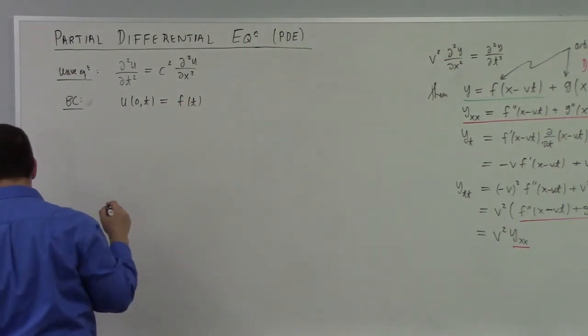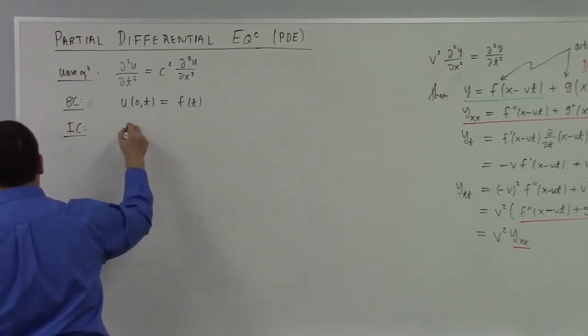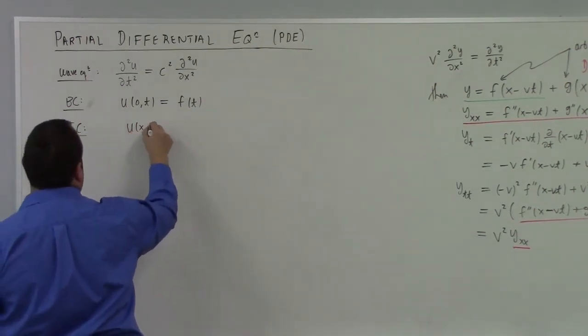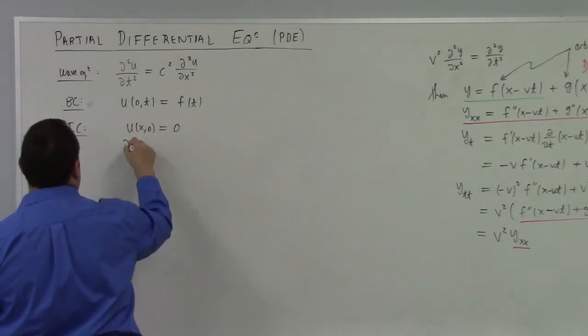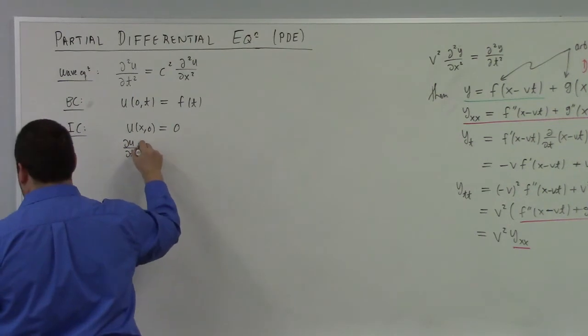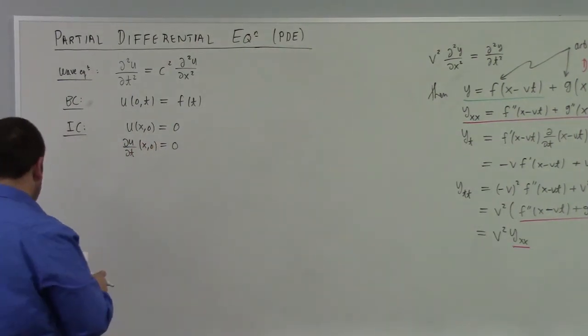All right. And the initial conditions are that u of x comma 0 is equal to 0, and partial u partial t of x comma 0 is equal to 0.